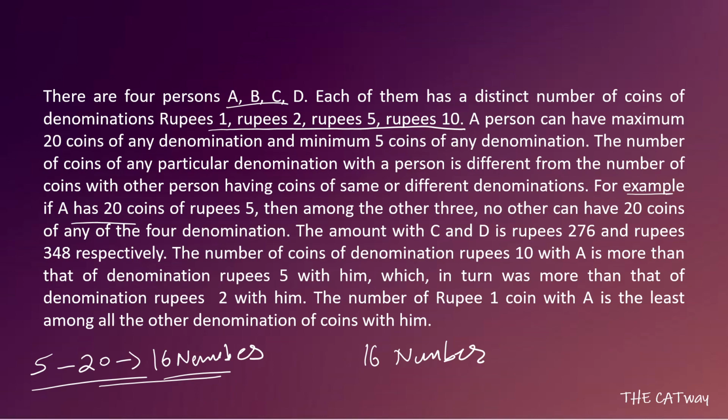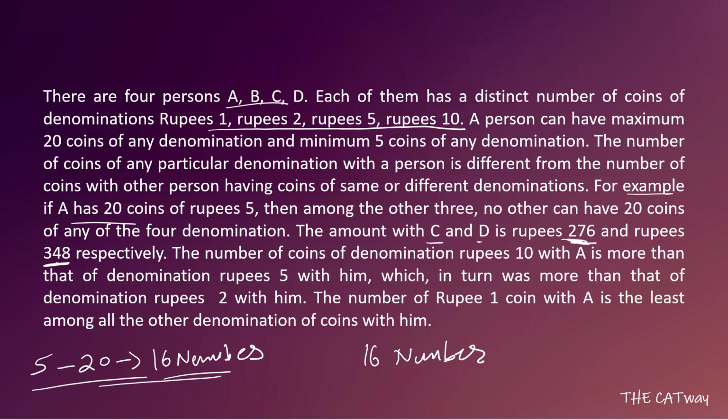One more thing, see, there is no hard and fast rule of solving this set. The only way for solving this set is to find the ways through which these two figures 276 and 348 can be obtained by using the rules of the set.